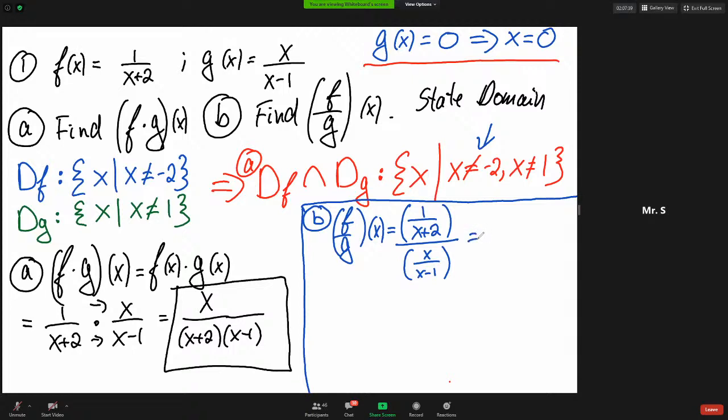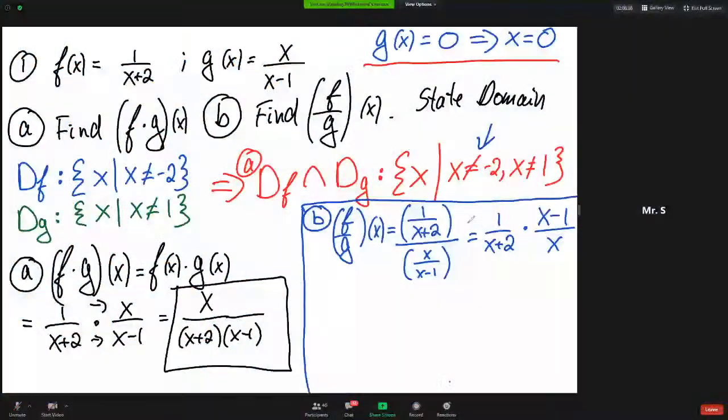We know that division by a fraction is multiplication by the reciprocal. So this is really 1 over x plus 2 times, and then we flip the other one, x minus 1 over x. So we have a couple of approaches for this, but we would want to either get rid of denominators, but that I think would be more difficult in this case.